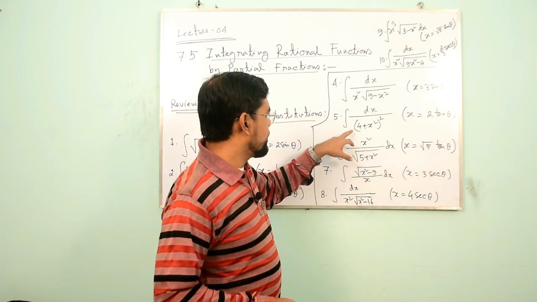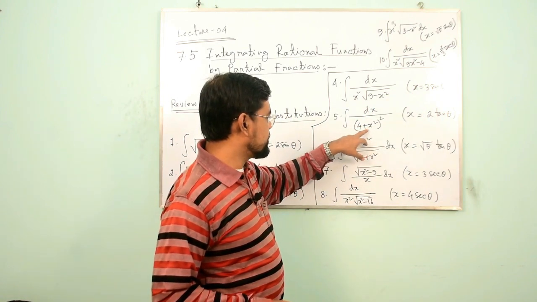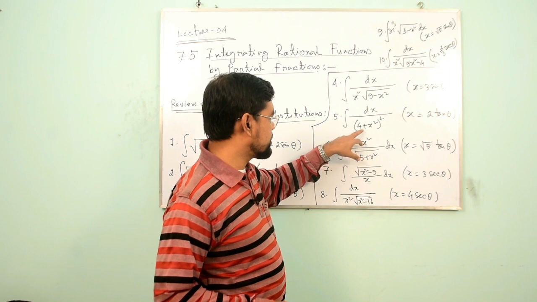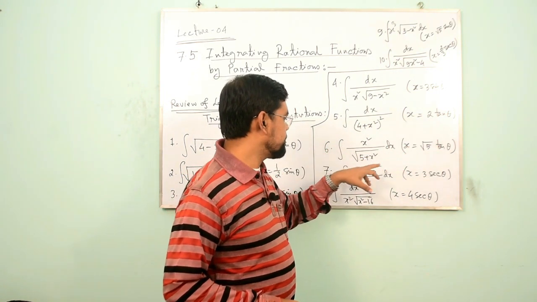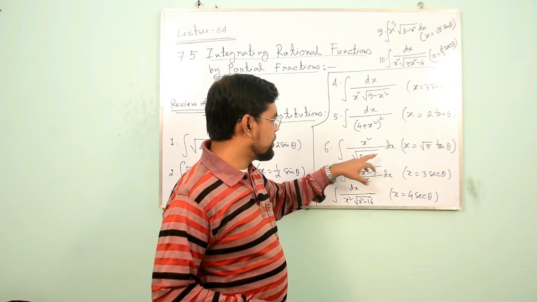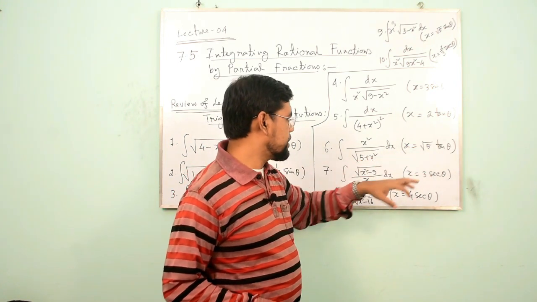For this one, since the preceding sign of x square is plus and a square is also plus, x should be 2 tan theta, and for this one x equals root 5 tan theta.